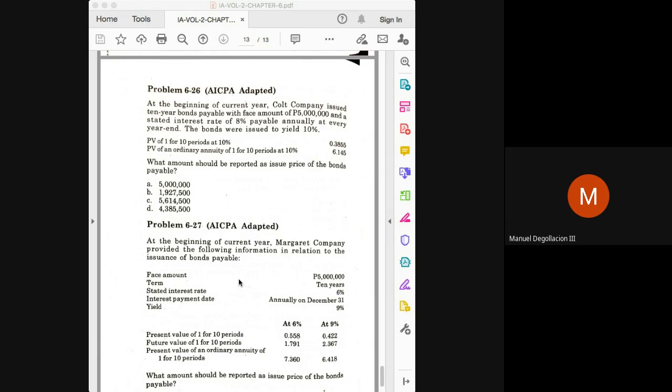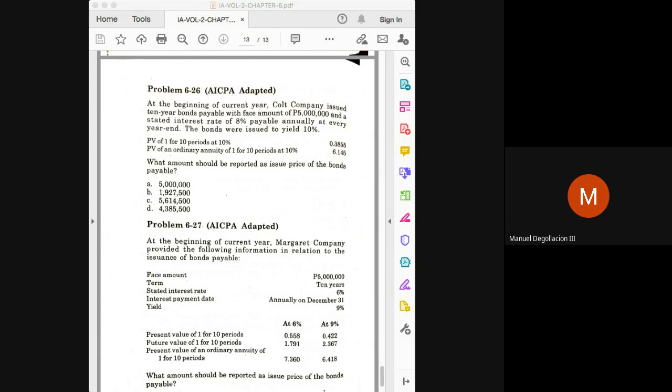You will have to get the present value of those two sets of cash flows, and you will be able to get the fair value or the present value. Okay, and for the 5 million, you will be using the PV lump sum factor of 0.3855 because it is a singular cash flow.